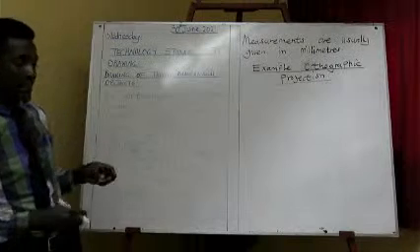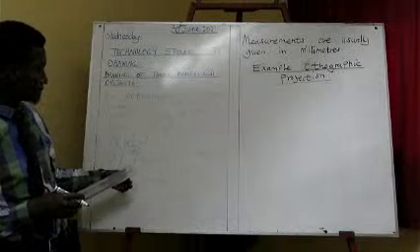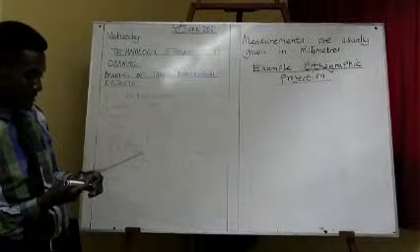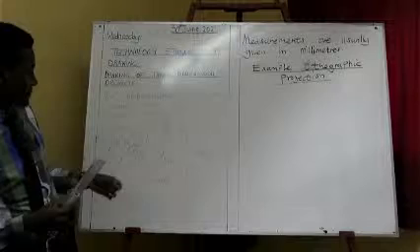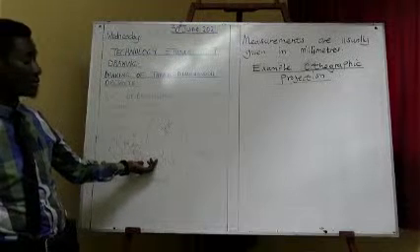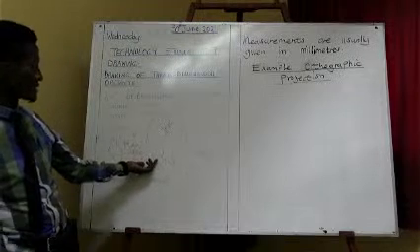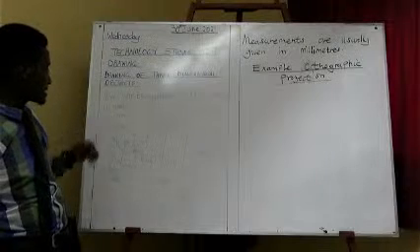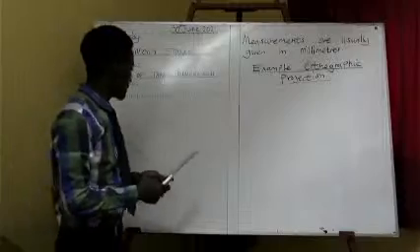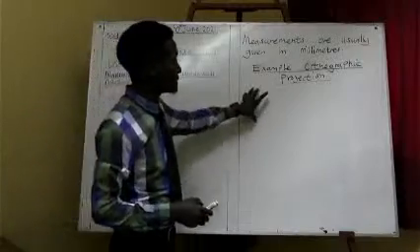For us to draw this figure separately, you need to look at the measurements. Remember this part which is the front view has to be drawn separately, the plan view separately, as well as the end view.